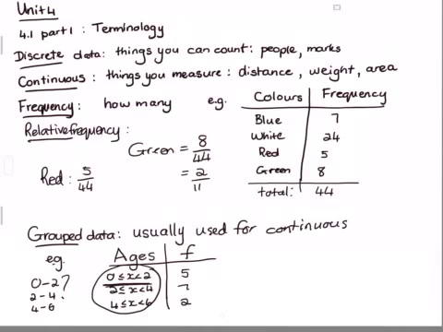So because it's something you measure, it's just better to put it in groups. But even if it's discrete data, if you have a huge amount, a huge number of children, you would still group it so that your info isn't so enormously big.